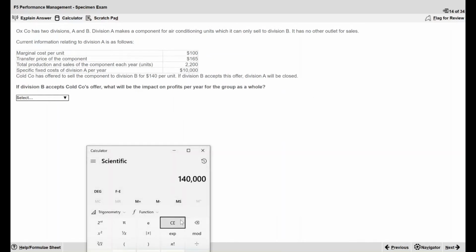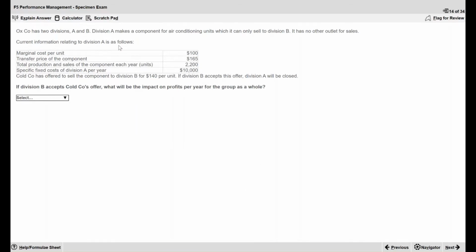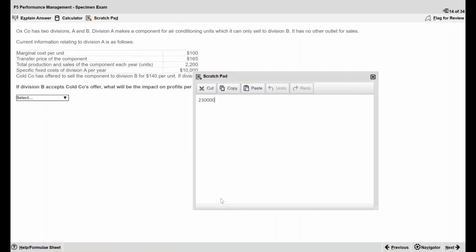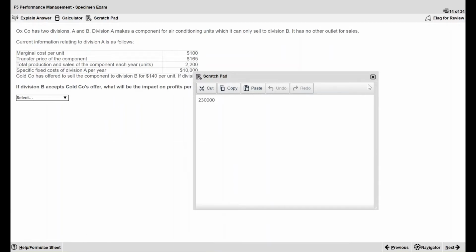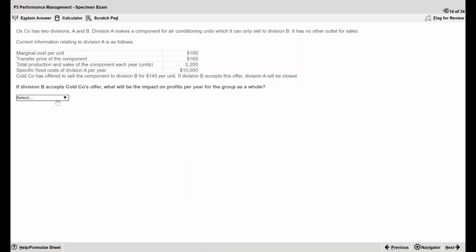So 140 multiplied by 2200 units, which would be 308,000. Yeah, so 140, and our existing was 230. So 308,000 minus 230,000 becomes 78,000. We will be losing because the external supplier is offering it is expensive.